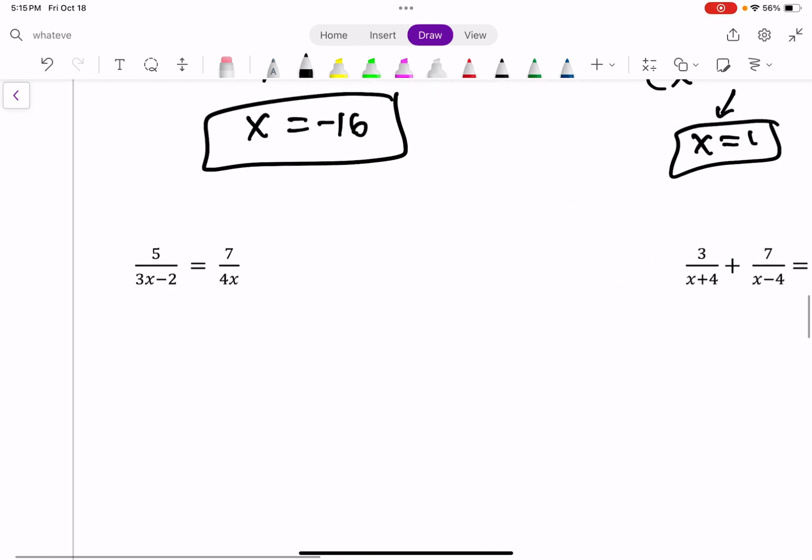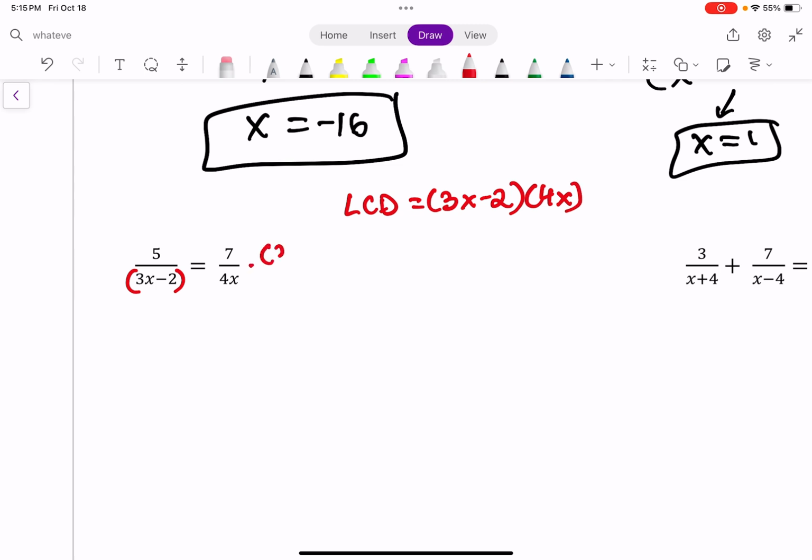Next equation. This LCD here is simply the 3x minus 2 that the first fraction has, and then the 4x that the second fraction has. So all these quantities in the denominators have to be factors.